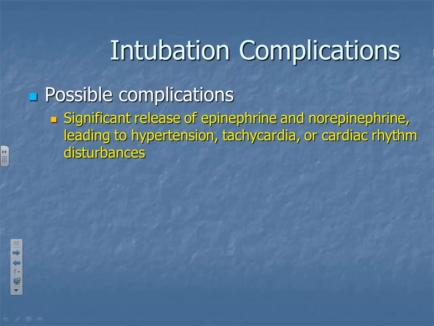And little kids, if they're already compromised, and you start stimulating their parasympathetic nervous system, they may brady down and then lose their rhythm altogether. But by stimulating that area, sometimes it can cause a release of catecholamines, epinephrine, tachycardia. It can increase their blood pressure, and frequently you will see cardiac rhythm disturbances.